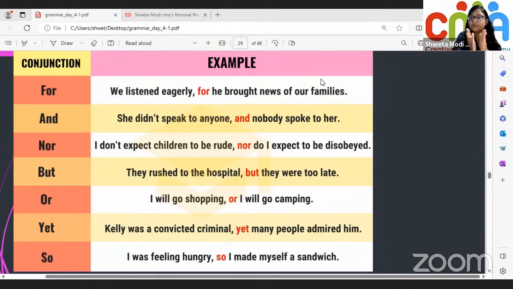So FANBOYS will connect two independent clauses and both clauses will be equally important. For, and, nor, but, or, yet, so, starting with FANBOYS. So the mnemonic device which we have created to remember is FANBOYS, the first letter of each word. Is it clear? Please type yes if it is clear.